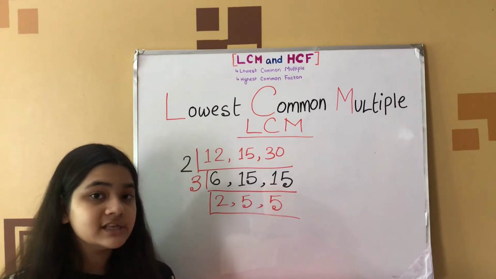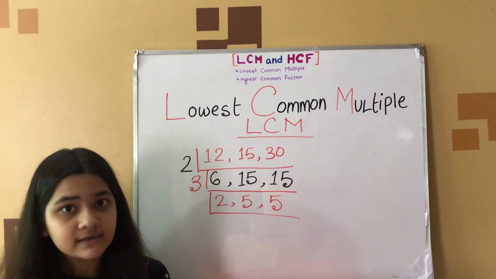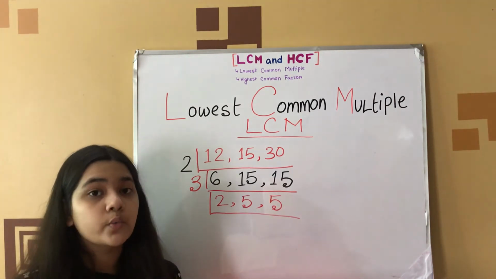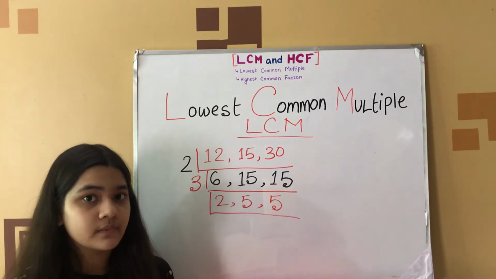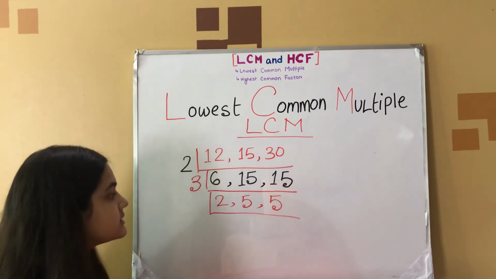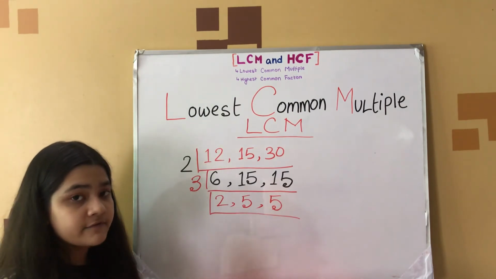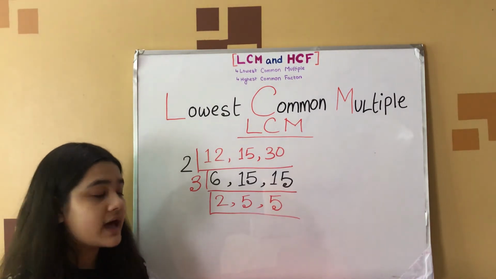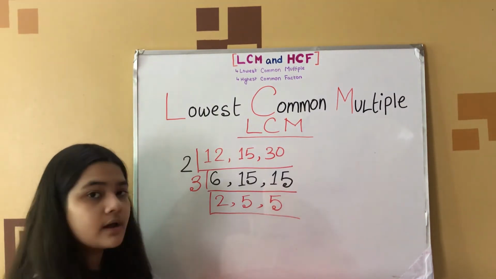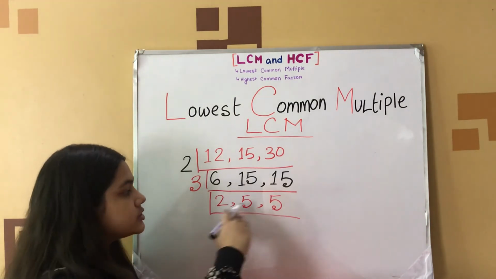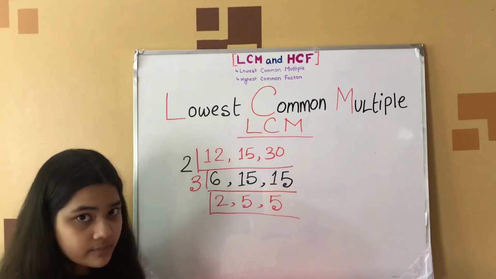Now which number can divide any 2 of these 3 numbers without leaving a remainder? That number would be 5, because 5 1s is 5 and no other number can divide these 3 numbers, or any 2 of these 3 numbers, without leaving a remainder.